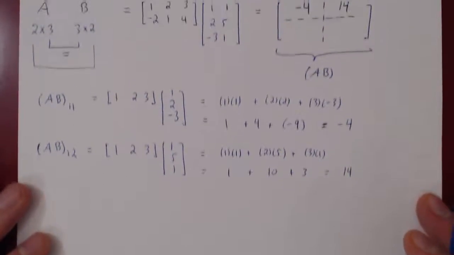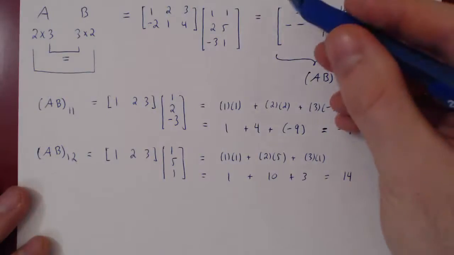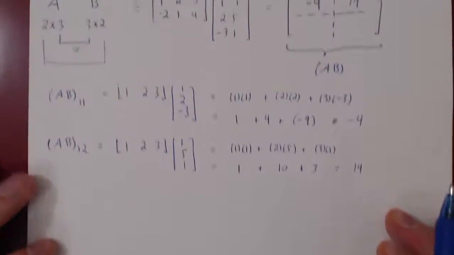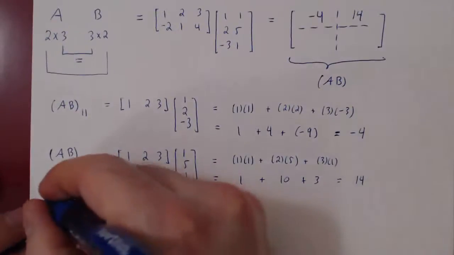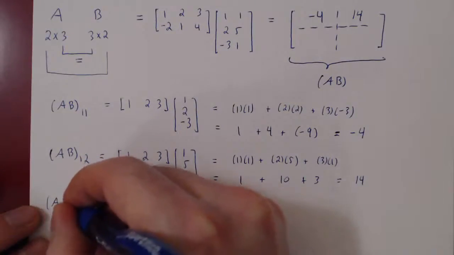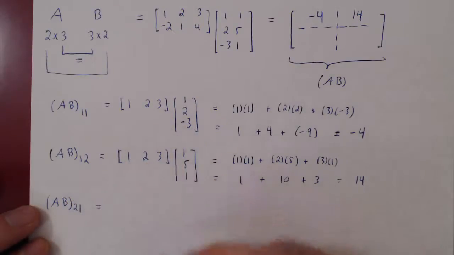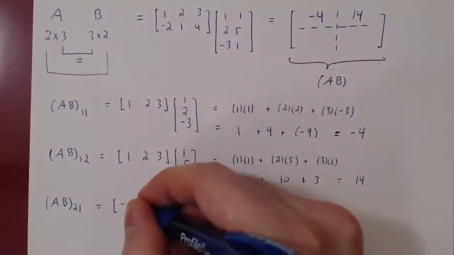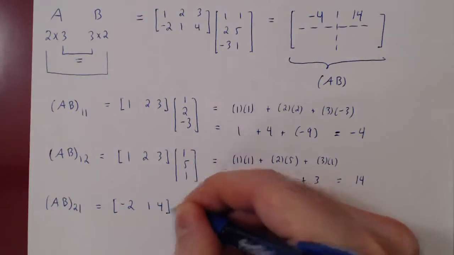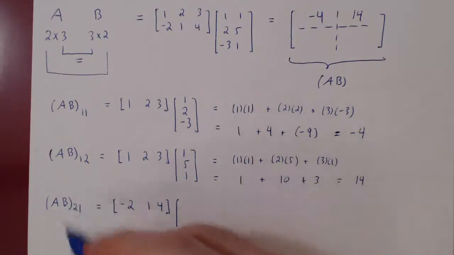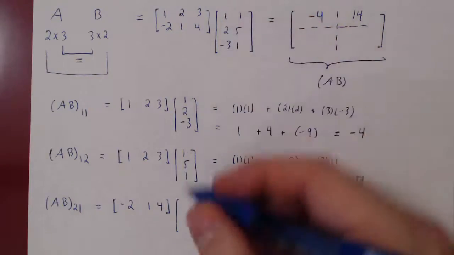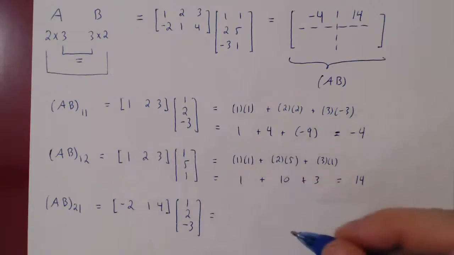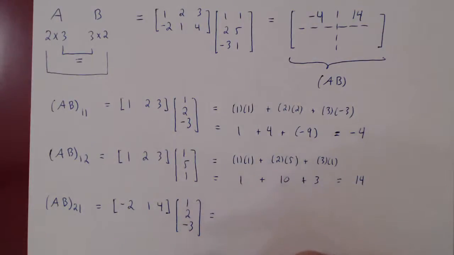Okay, well, this is the entry in AB now in the second row, first column. So this is AB 2, 1. So we take the second row of A, negative 2, 1, 4, times the first column of B, 1, 2, negative 3. Let's multiply corresponding entries and add them up.